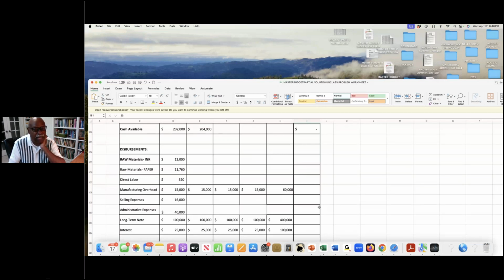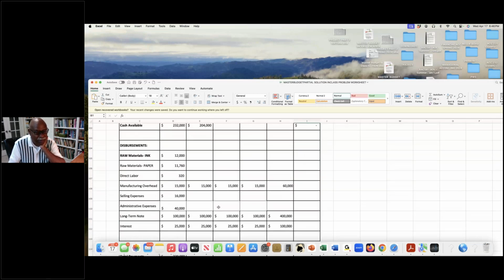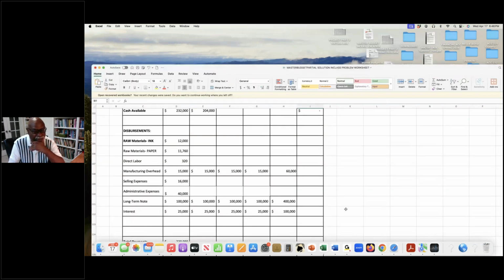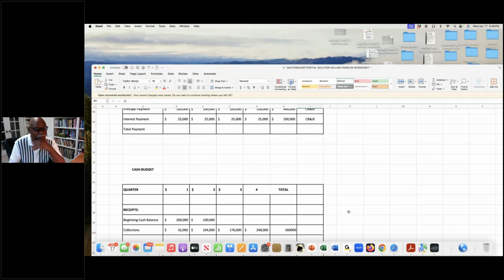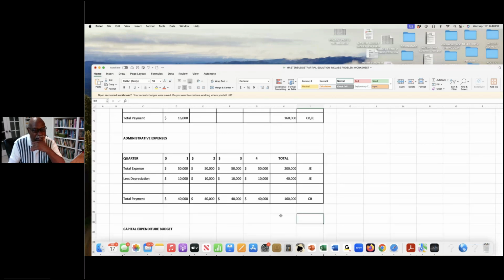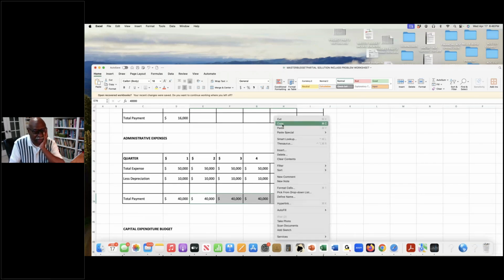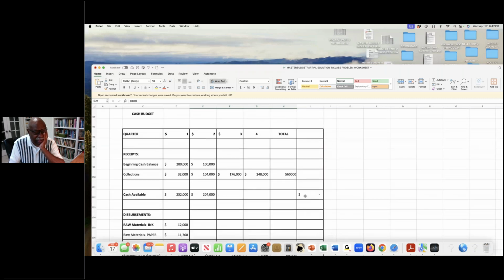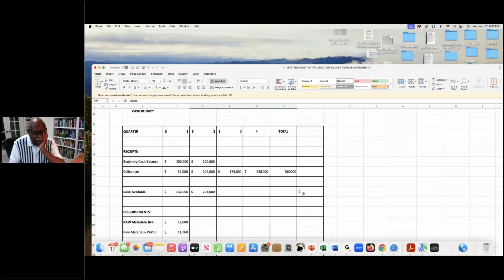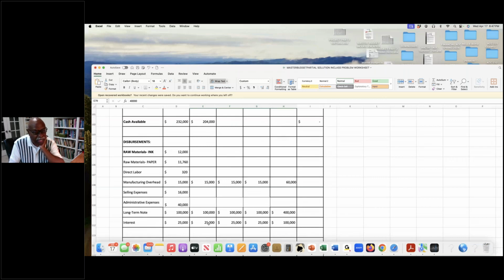What did you do on this cash budget for administrative expense? What you should have done for the administrative expense is copy the rest of these and put them right here.